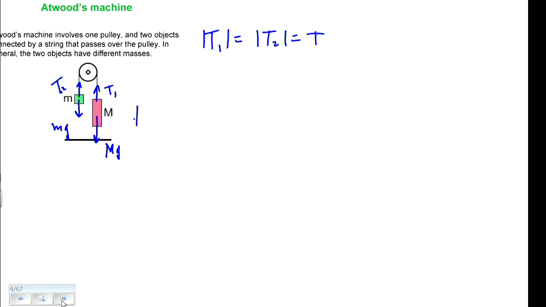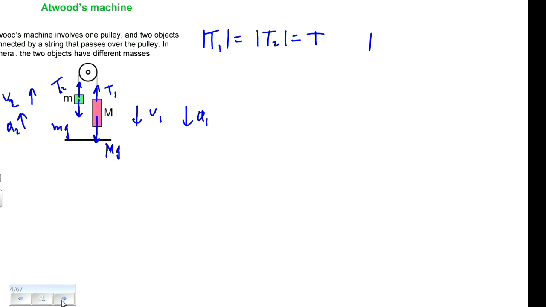Now, this object travels down and speeding up. This object travels up and also is speeding up. So we can see clearly that accelerations are also different.